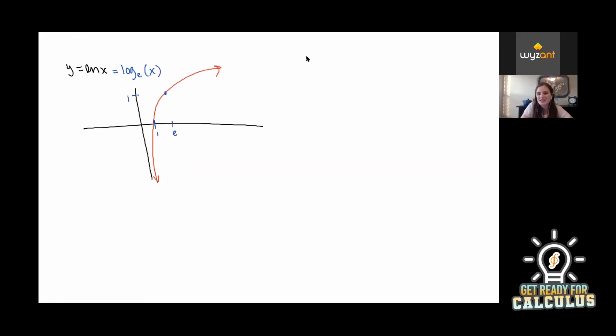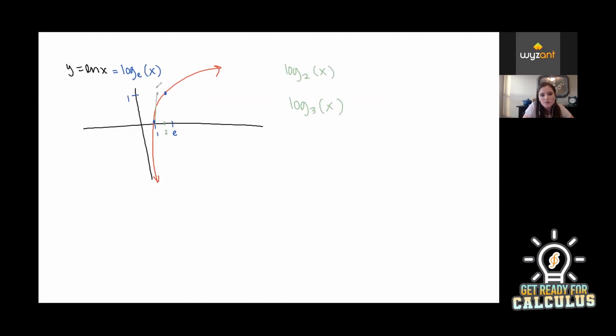As far as comparing different graphs, if you think about log base 2 of x, or log base 3 of x, the easiest way I think is to think about where they would be at 1. So e is like 2.7 something. 2 would happen here, so it's going to hit 1 a little bit faster.